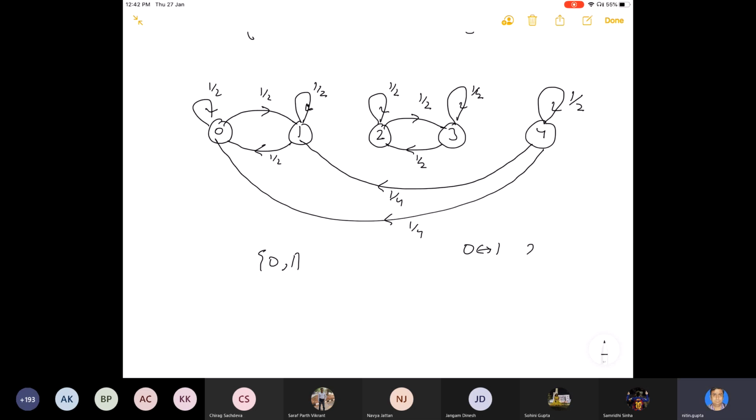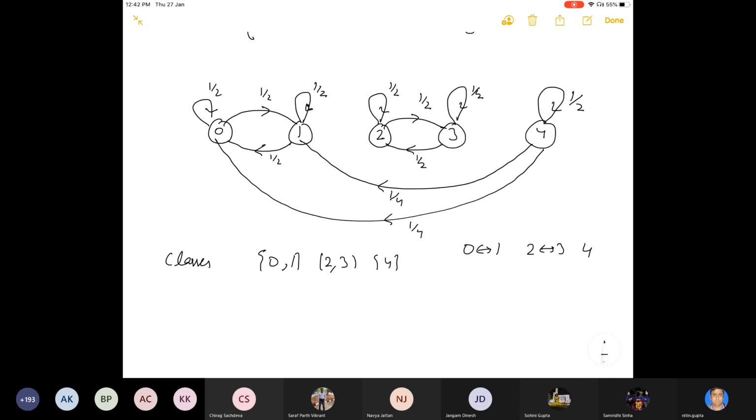Similarly, 2 and 3 clearly communicate, but from 4 we can go to 1, but from 1 we cannot come back to 4. Similarly, 4 to 0 we can go, but from 0 and 1 we cannot come back to 4. So 4 is basically separate. So {0, 1}, {2, 3} and {4}, these are classes or equivalence classes.